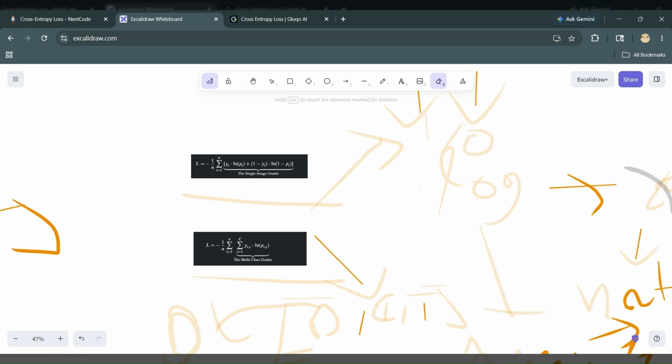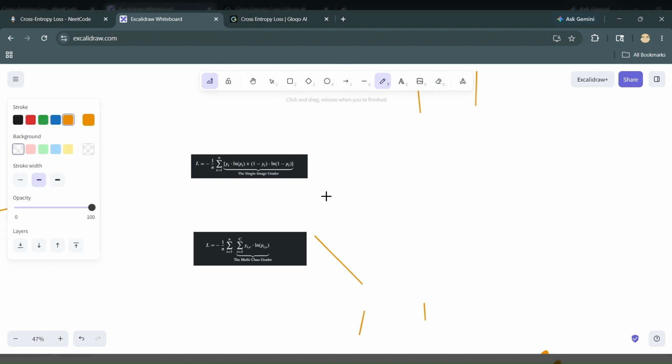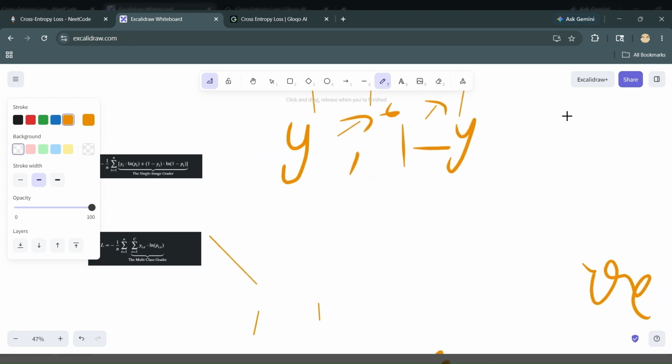Okay, before that, you need to remember what probability is and what formulas we have there. If the probability of something happening is y, then something not happening is 1 minus y. So this is similar to 0 and 1 for our case, but mathematically it is wrong.